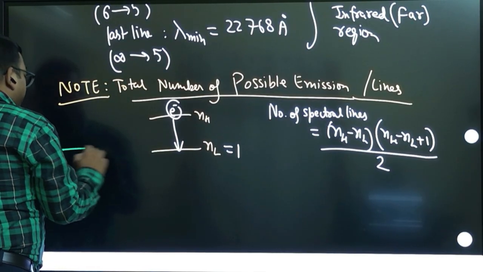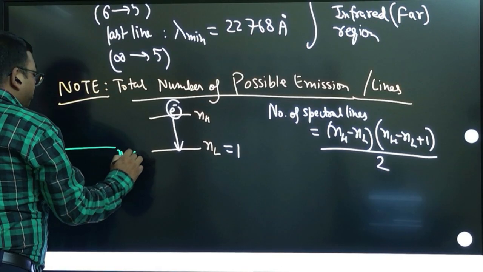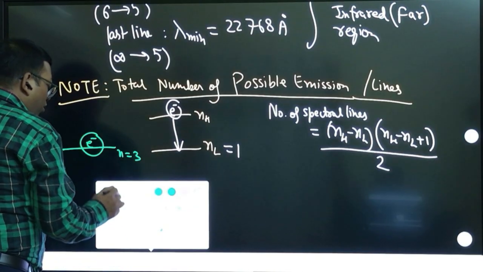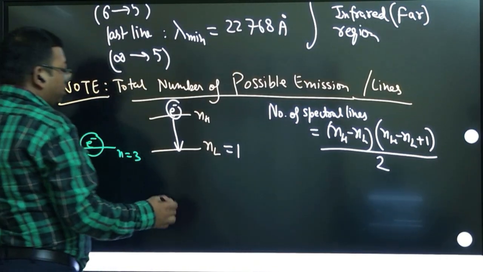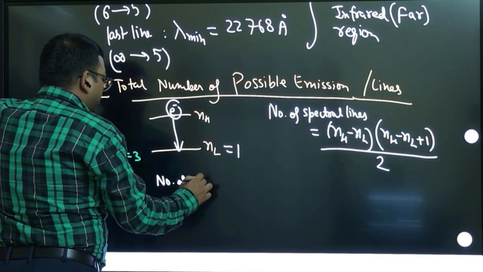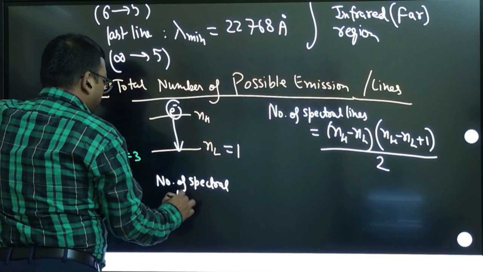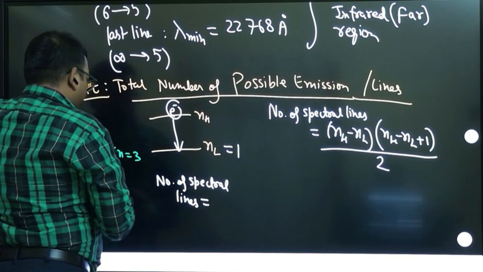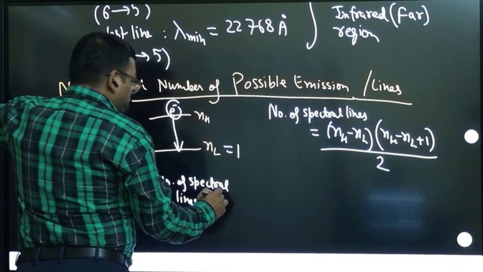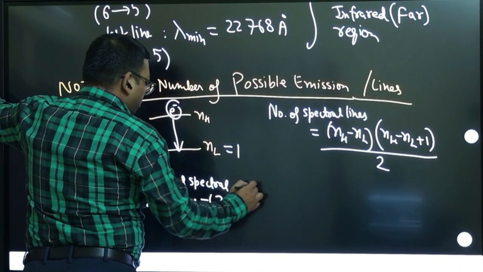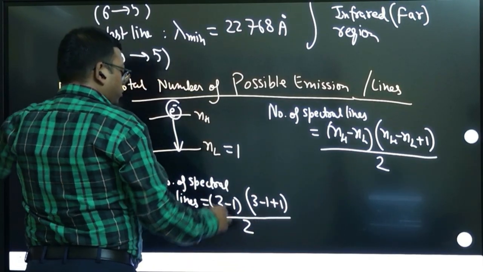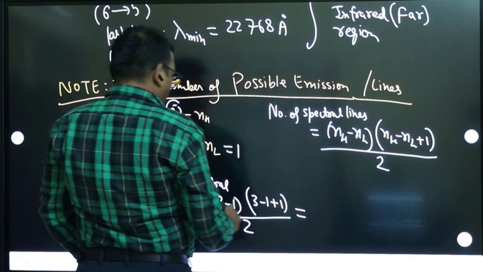So suppose the electron is in the third orbit. Let us say the electron is right now in the third orbit. How many possible lines can come? Use this formula for the number of spectral lines. You have to choose lower as 1. So 3 minus 1 into 3 minus 1 plus 1 divided by 2. So 2 gets cancelled.